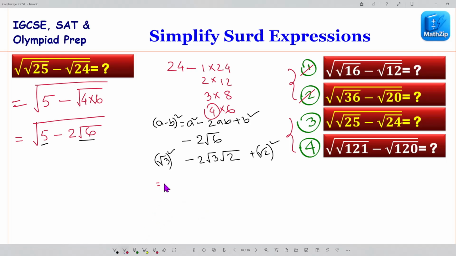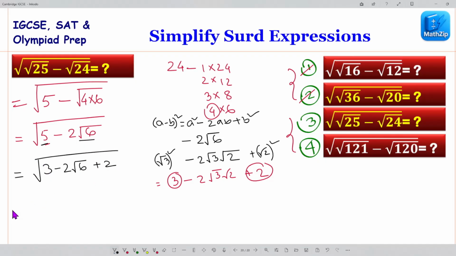So root 3 square means 3, minus 2 times root 3 times root 2 which is root 6, and plus 2. It's an important thing, this 3 plus 2 is 5.